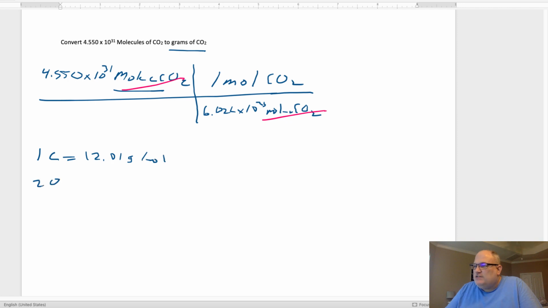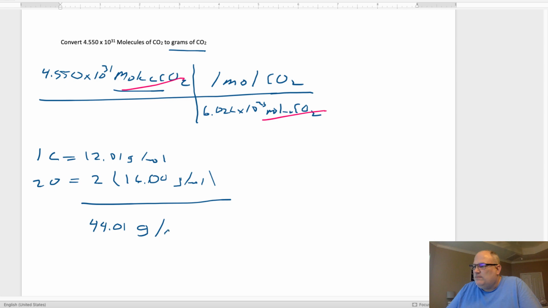I have 2 oxygens, so I'm going to have 2 molar masses of 16.00 grams per mole. If I add them together, it's going to be 44.01 grams per mole. That is the molar mass of CO2.